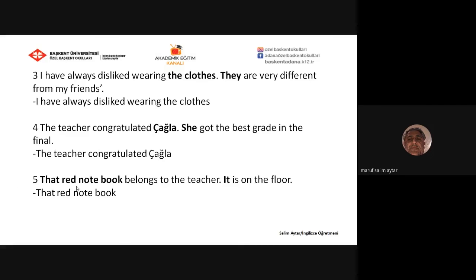That red notebook, well, it is already defined, huh? Can you give extra information about that red notebook? Okay, and then completing the sentence, that red notebook, blah, blah, blah, belongs to the teacher, for example.